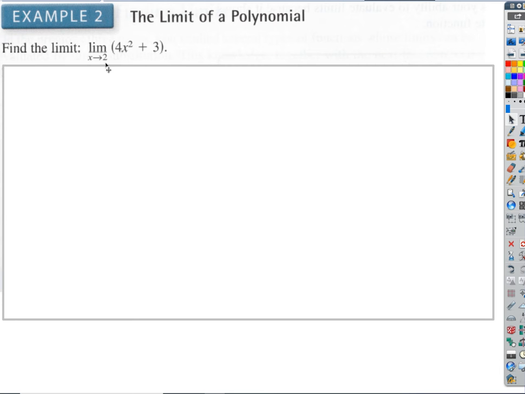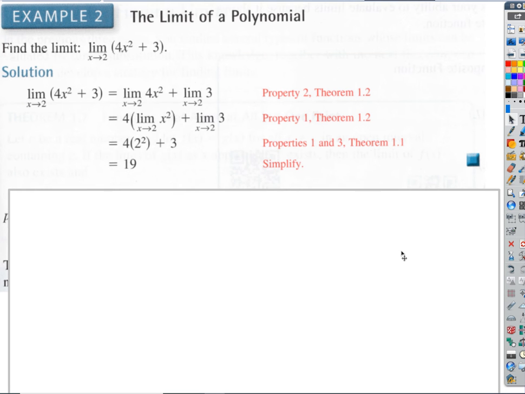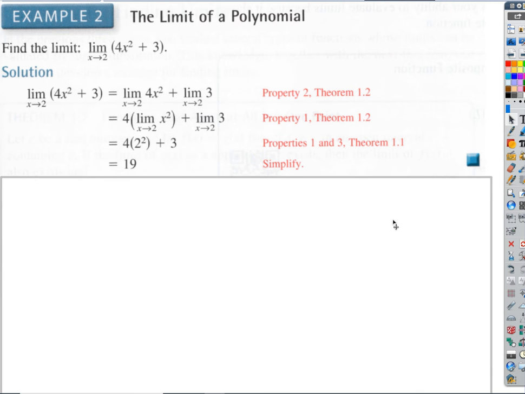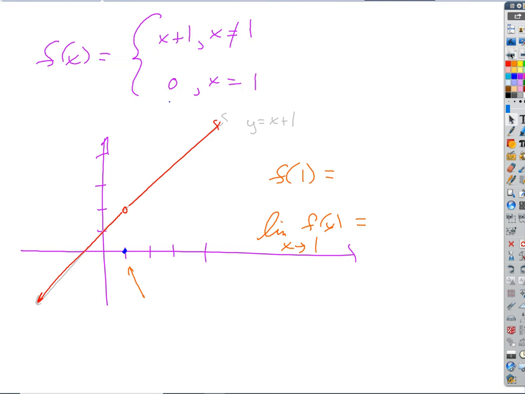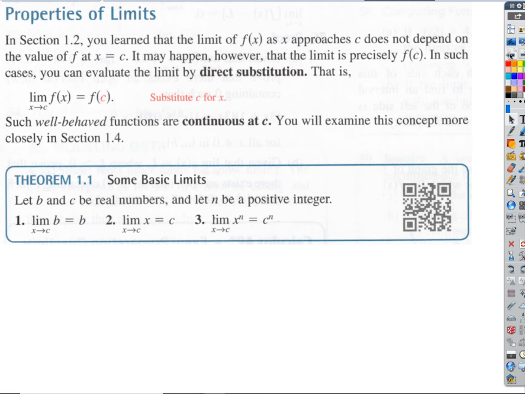And that's easy to do by just, we call this direct evaluation or direct substitution. You plug in 2 and you get an answer, right? And so if we do that, if we plug in 2, we just get 19, right? Okay, now there are a whole slew of properties associated with this that I would put under the category of just common sense stuff.